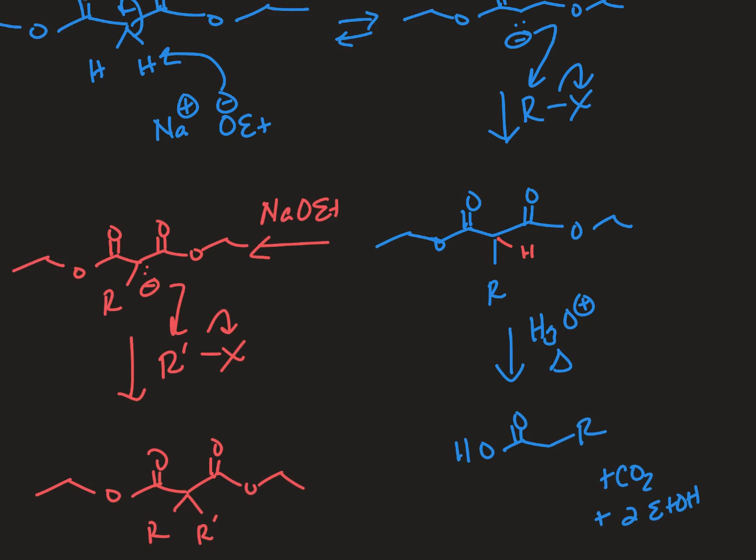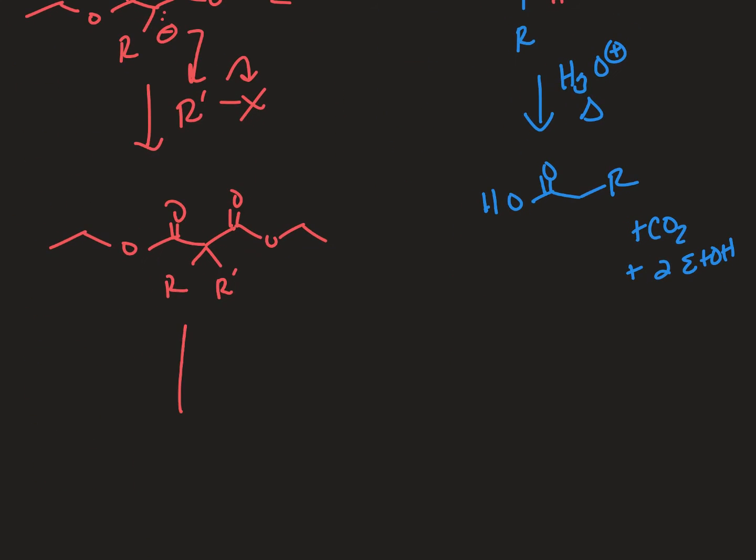Again, I can do the acid and heat and get my final products. This time I have 2 new R groups attached to that carboxylic acid. So just like we said before, we have our alkyl halide converted to a carboxylic acid, where we're adding in those 2 carbons that we did not originally have in the carboxylic acid. Those 2 carbons are coming from the malonic ester starting material.